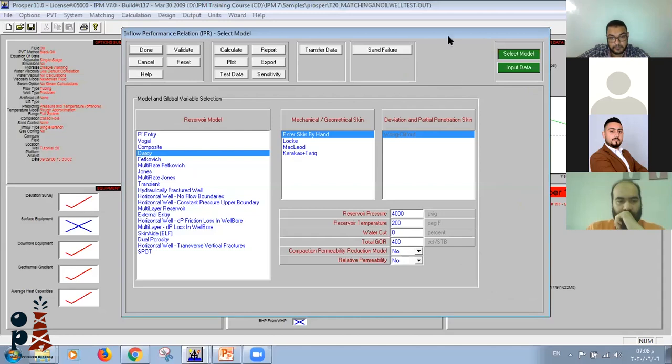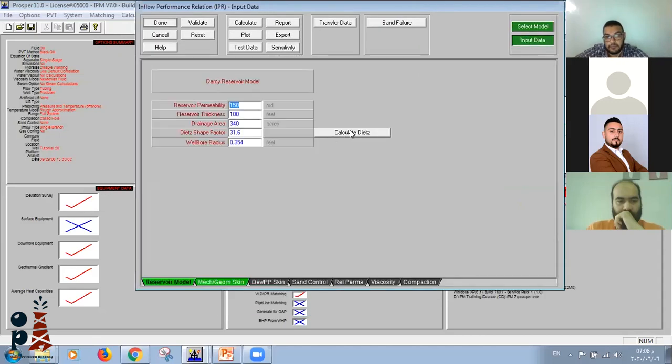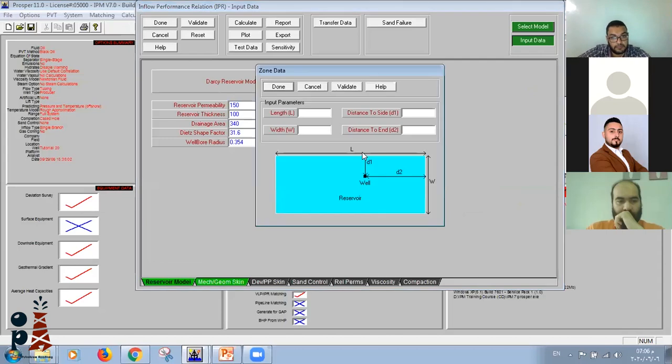Here, in the Darcy model, in the input data, there is something called calculate Dietz shape factor. When you enter here, you tell the model the location of the well relative to the nearest fault or reservoir boundary, and you enter the data of each parameter, and you can calculate the shape factor easily.